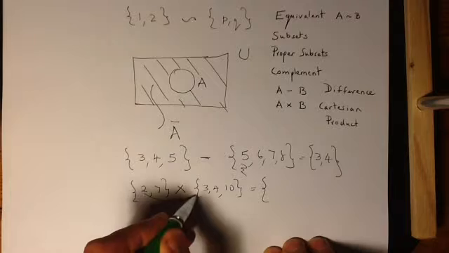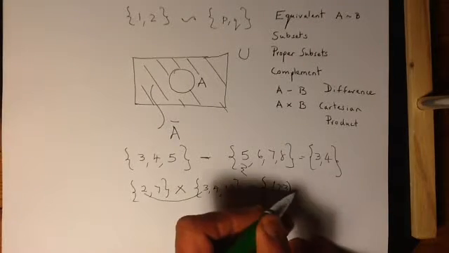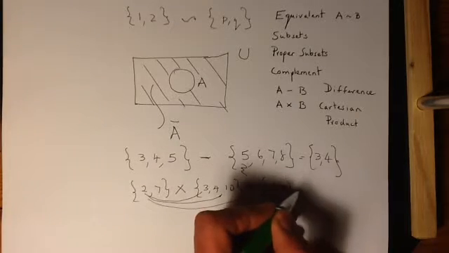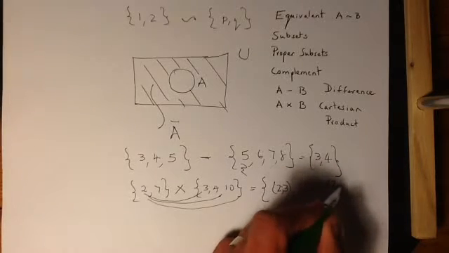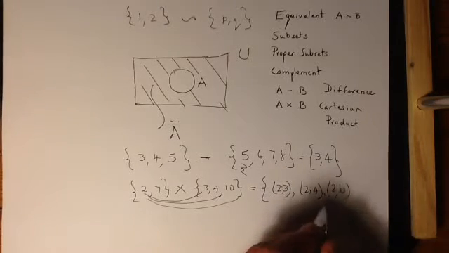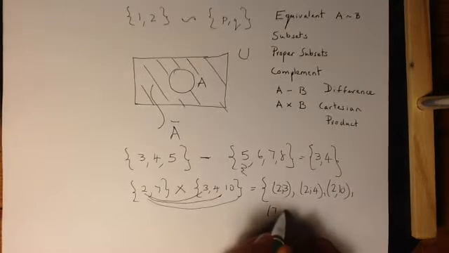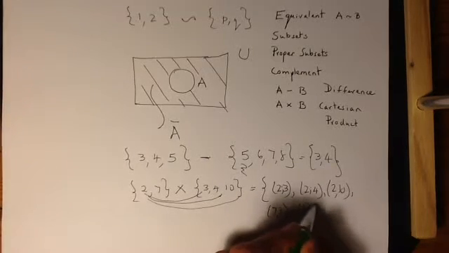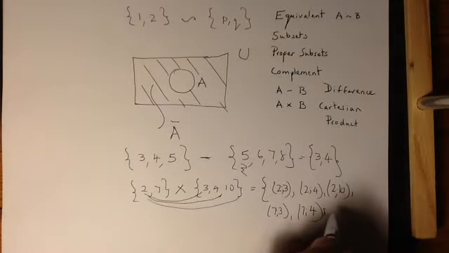So it's the ordered pair 2, 3. And then we can have 2 with 4 and 2 with 10. Then we can do the same with 7. So we can have 7 with 3, 7 with 4, and 7 with 10.